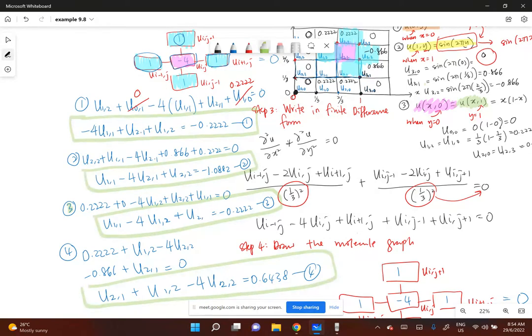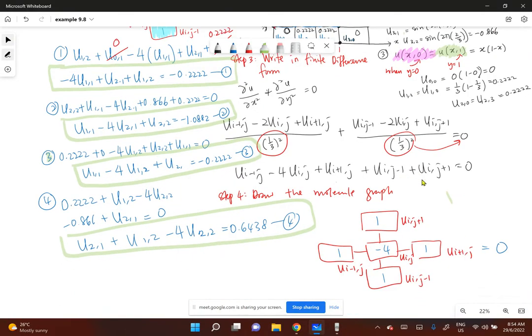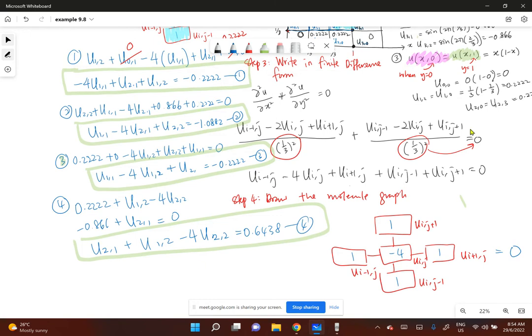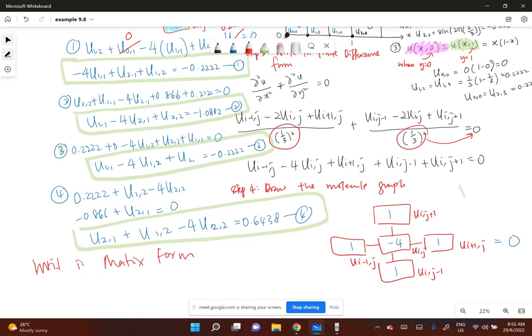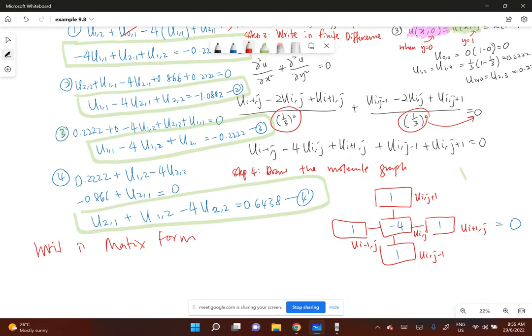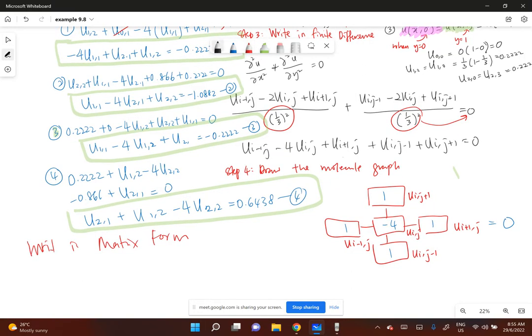So now we have to solve this using the system of linear equations that you learned before. Let's rewrite these four equations in matrix form. This step is not necessary, but it is easier when I draw it as a matrix.